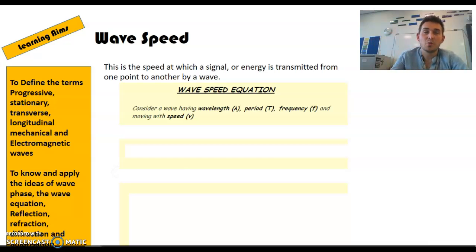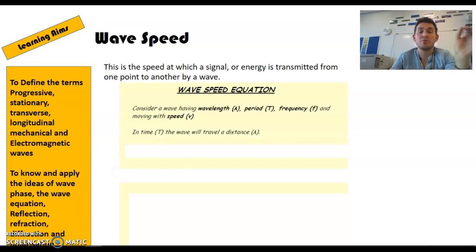Okay, so wave speed. Speed at which a wave, signal, or any energy is transmitted from one point to another point. How fast will I detect this signal getting to that? That's wave speed. If we consider a wave having wavelength lambda, period T, and frequency f, and moving with a speed v, then in a time T the wave will travel a distance lambda.